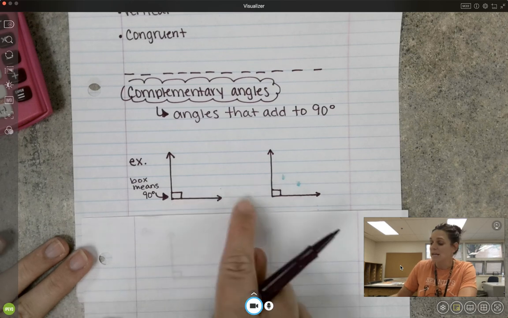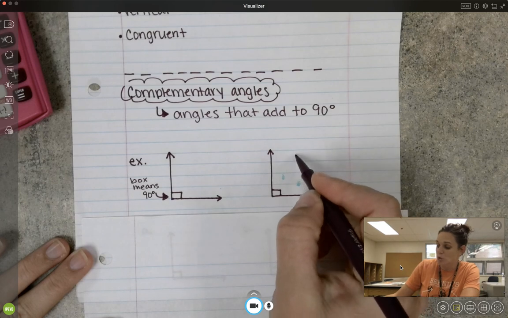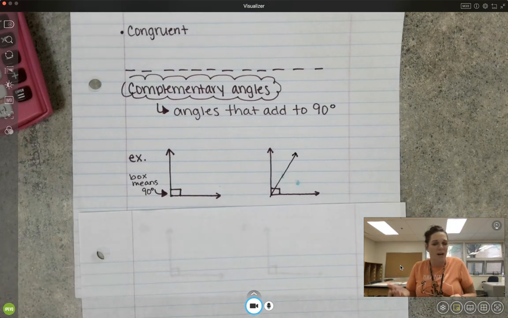Now sometimes our 90-degree angle is judo chopped, where there's another line that's going through it. This is where this next part of our vocabulary ties in.